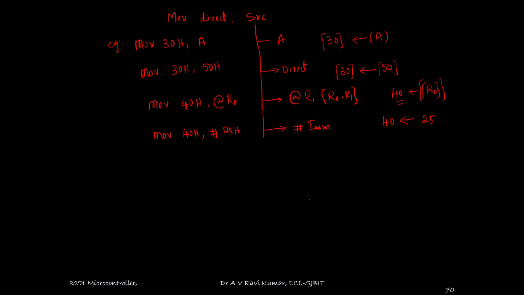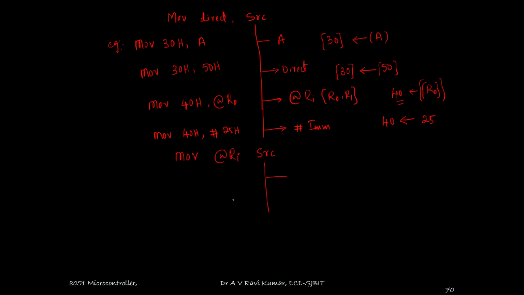Okay, next, similarly, what other sources can we have? Let's say first we have indirect with direct addressing mode. Example, MOV @R0, 30H. The content of 30H is moved to the memory location pointed to by the register.